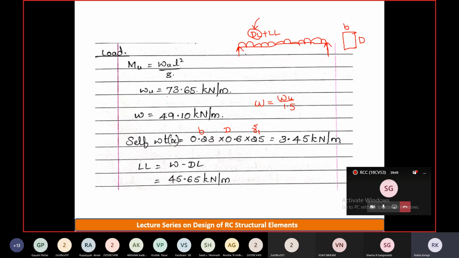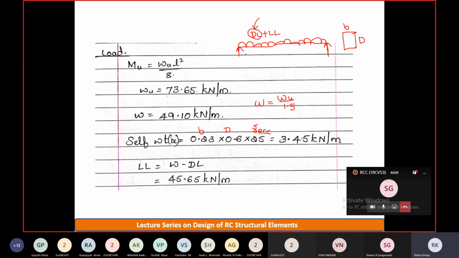Unit weight for RCC is 25 kilonewton per meter cube. So here we can write this value as 3.45 kilonewton per meter.